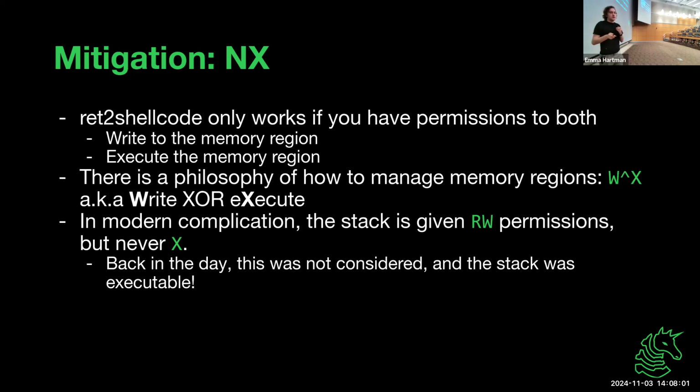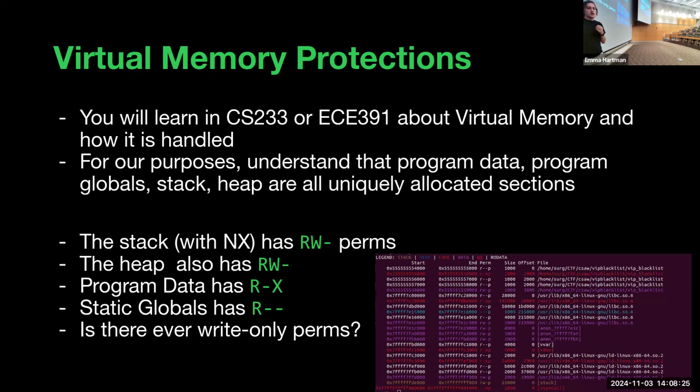So what you generally would have is write XOR execute, which means you can either write to that memory or execute it, but you can't do both. In modern programs, you'll only have read and write permissions on stack variables, because that's what you normally do with variables. You're not putting code in there, hopefully. But back in the day, this wasn't considered, and you could have executable code on the stack, which is what you see in a lot of older exploits.